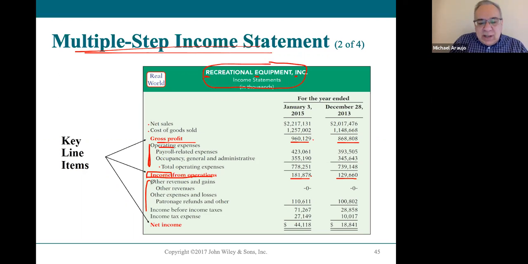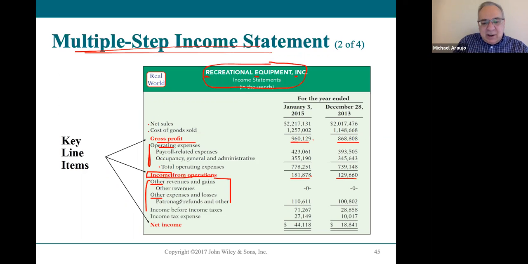So notice there's an other category that shows other revenue and gains and other expenses and losses. So this is other stuff that is happening to this company that's not specific to them selling their products, but other things that they're engaged in that create revenue or expenses, gains or losses.